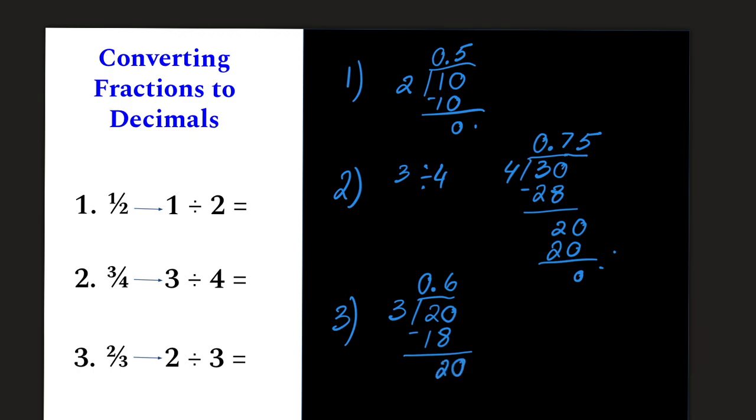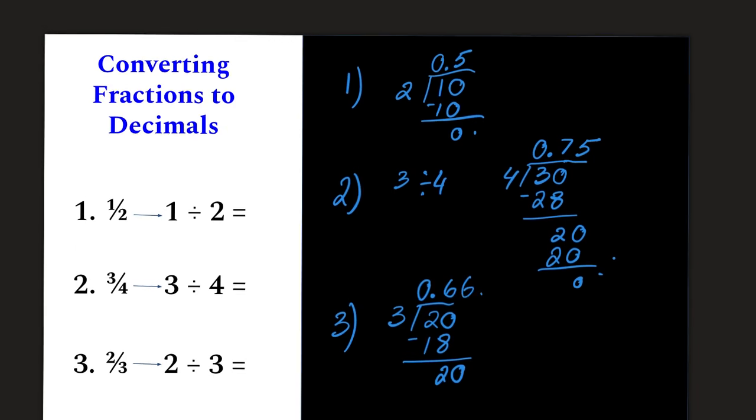And then we're going to see that this keeps on going, right? As you can see, it's still going to be the same number. So this is going to keep on going. Our answer would be 0.666 dot dot dot, or 0.6 with a notation bar.